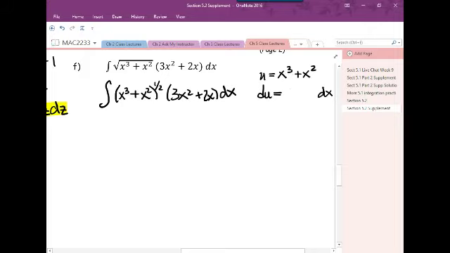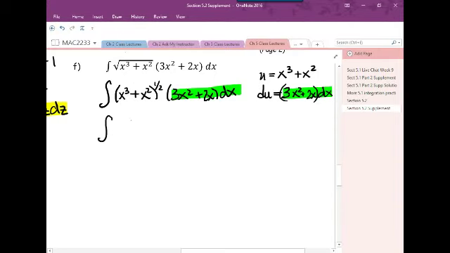So the derivative of x cubed plus x squared is going to be 3x squared plus 2x, using the power rule on each term. Bring the power up front, subtract 1 from it. And then we want to look in our integral and see if that appears there, and it does. So that's good. So that means we can go ahead and make the u substitution.